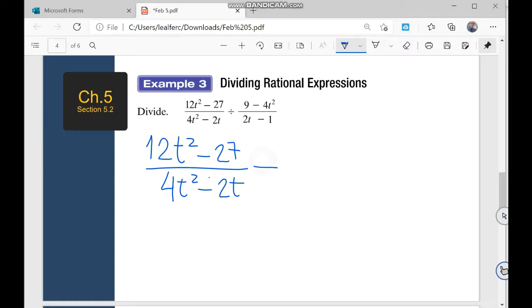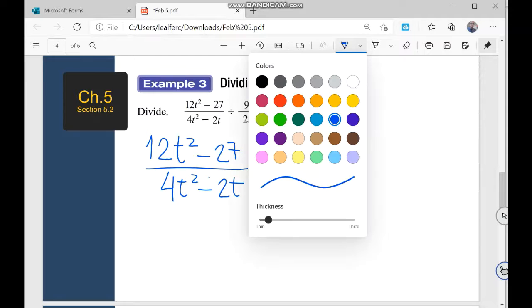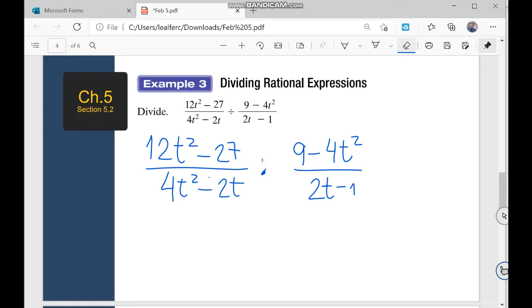We will divide by 9 minus 4t squared over 2t minus 1. Okay? How do we do this division?